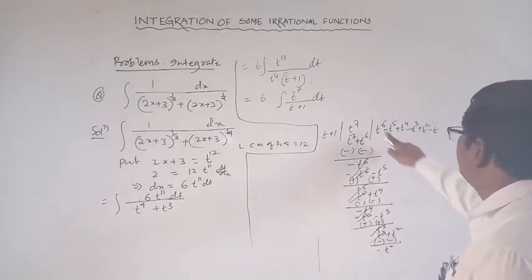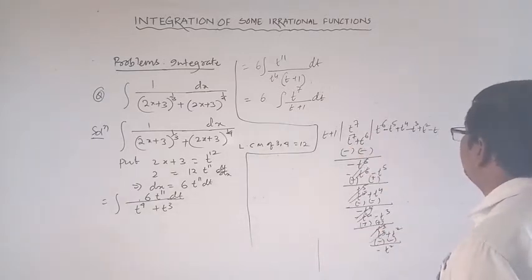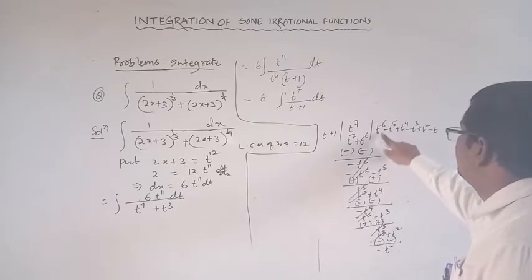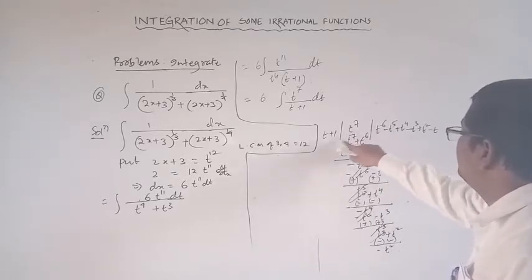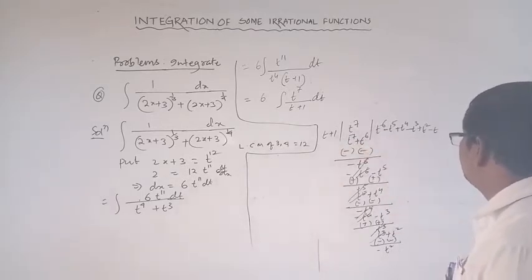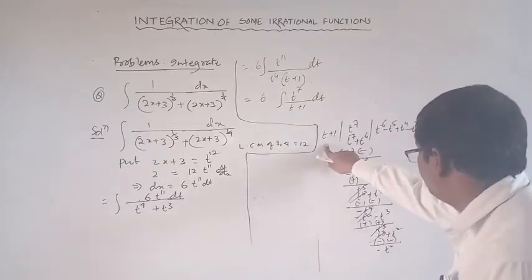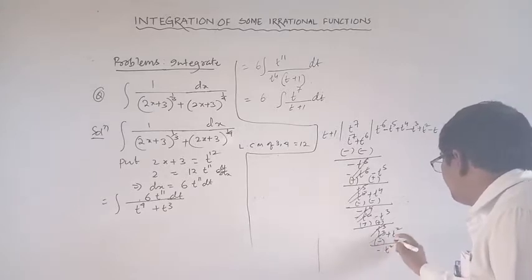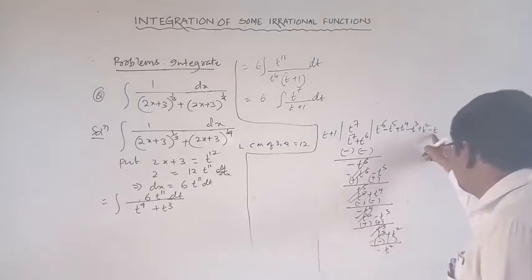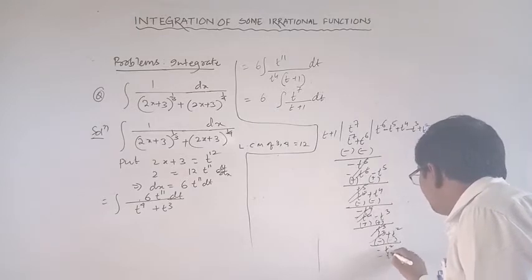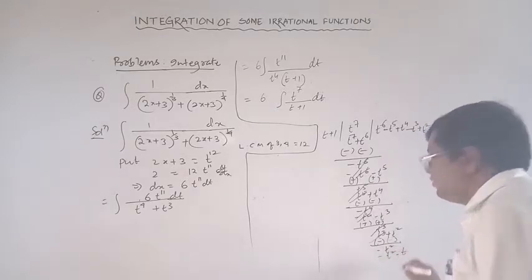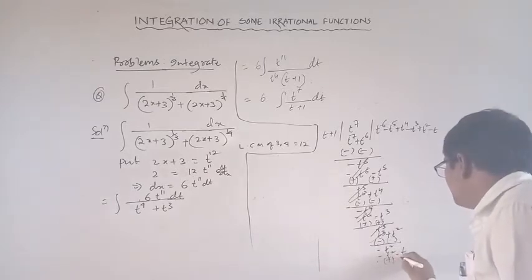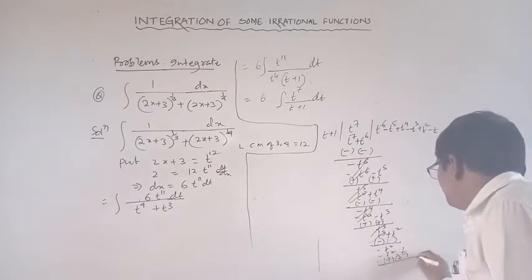This is t6 and this is t6. Okay, t7, t6. So this is t square minus t square, so minus t square, plus minus t square minus t. So this cancels, this plus, so remaining here t.